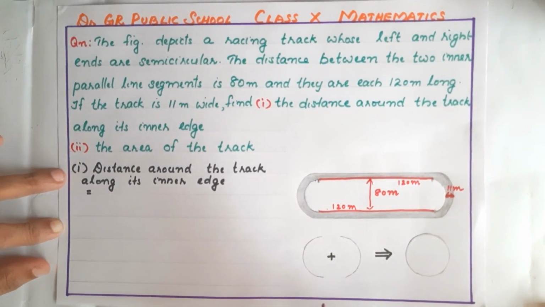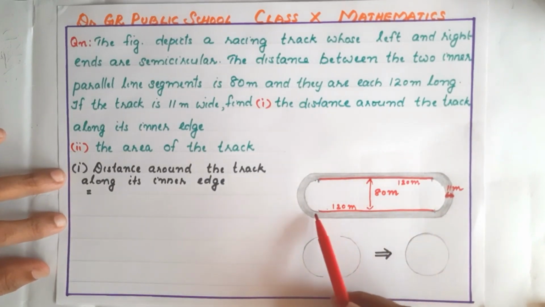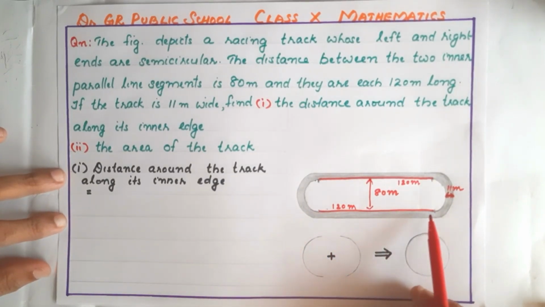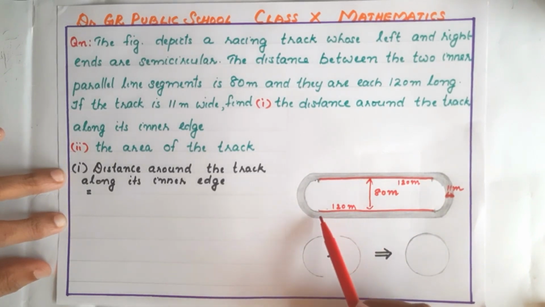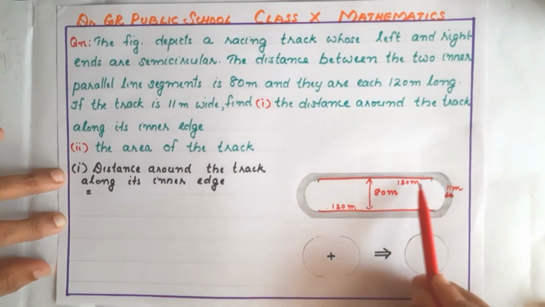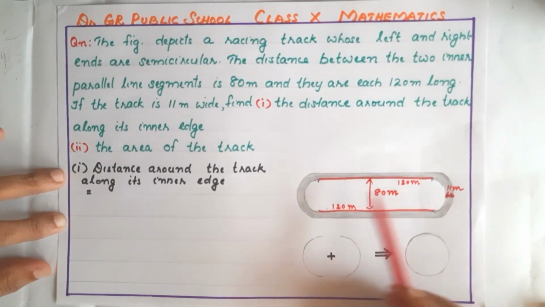So, what do we have to find out? We have to find out the total length of this inner edge. Okay, in the inner edge, what all figures do we have? Two line segments and both ends are semicircles, isn't it?